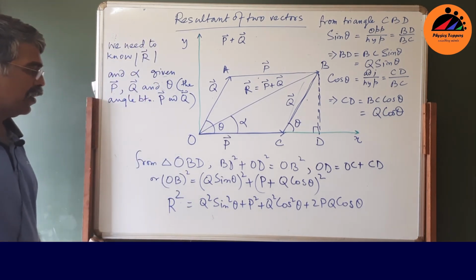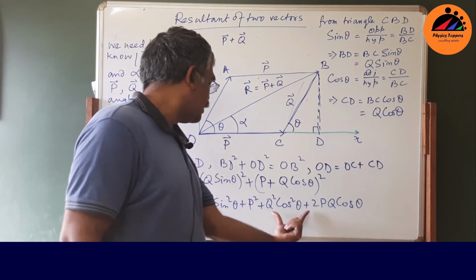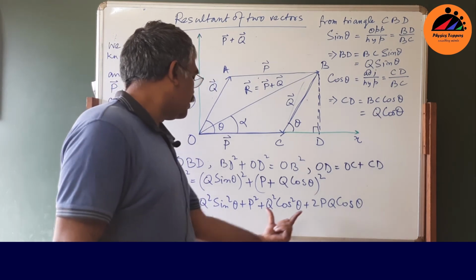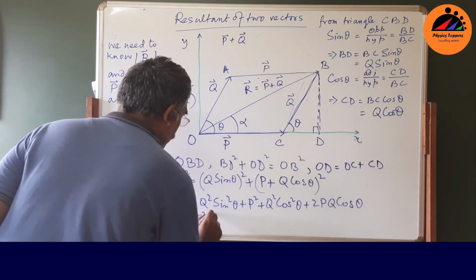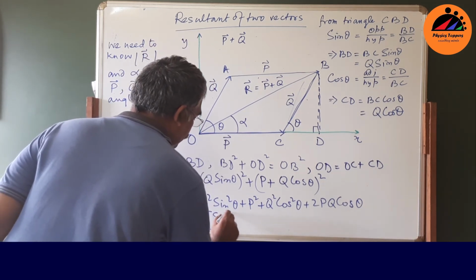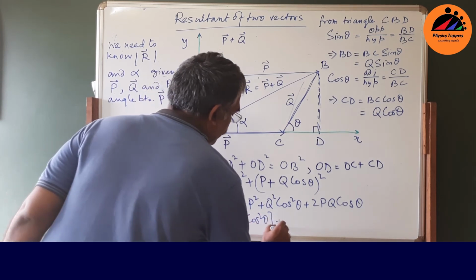That's the resultant square. Now, if you see Q square sine square theta plus Q square cos square theta, what do you get? Q square times sine square theta plus cosine square theta.